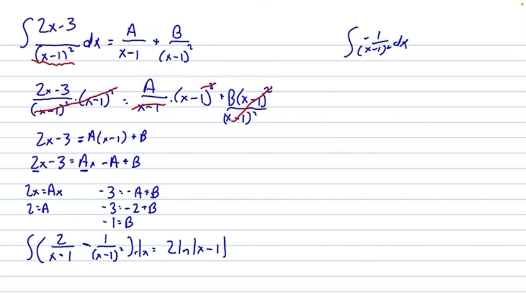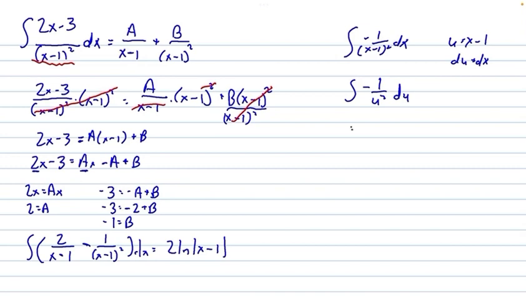So remember, u is equal to x minus 1, and du would be equal to dx. So what we had to do in this case was negative 1 over u squared du.